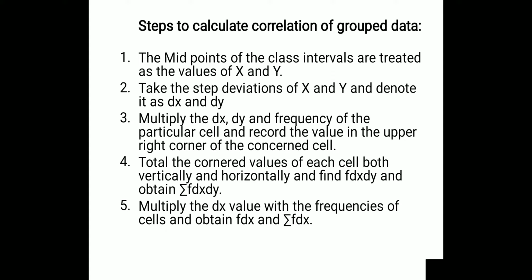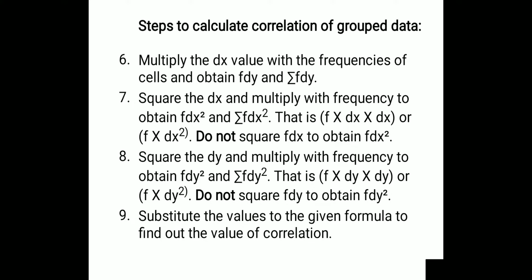Multiply the dx value with the frequencies of cells and obtain f dx and sigma f dx. That is, multiplying f into dx will give us f dx, and the sum of f dx will be sigma f dx. In the same way, we have to obtain f dy. In the next column we should square the dx values, and here we should remember that we will be squaring only the dx values and not the frequencies.